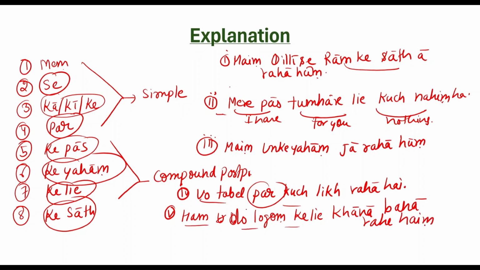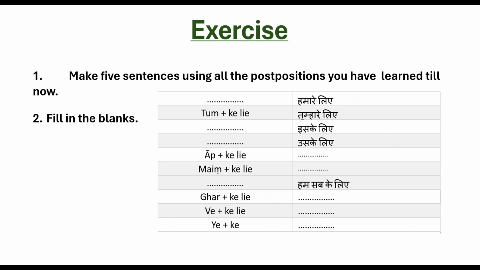We are cooking food for 2 people. दो लोगों के लिए. Log is people with plural and first position oblique case, लोगों के लिए. Right? And then मैं घर में हूँ. I'm at home. Simple. So these were the sentences.